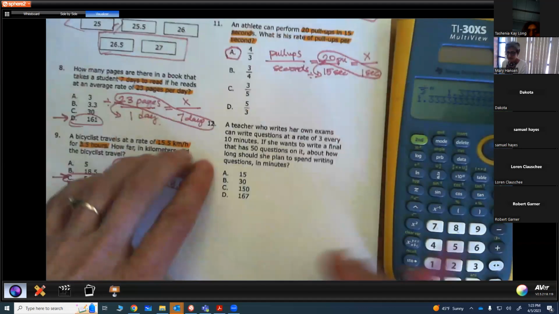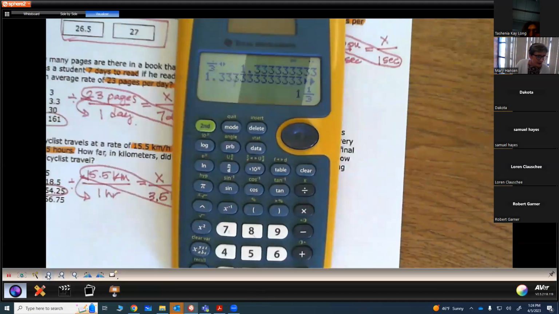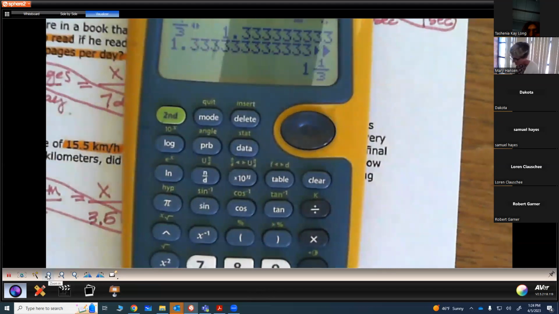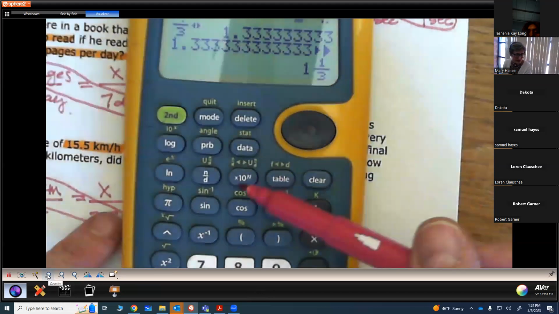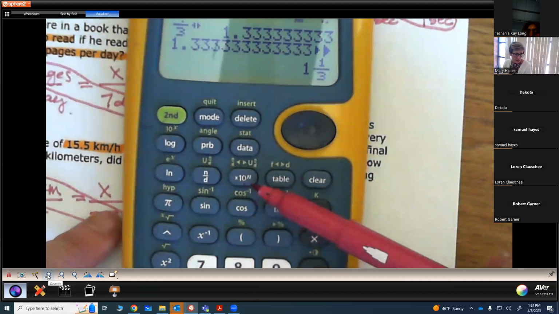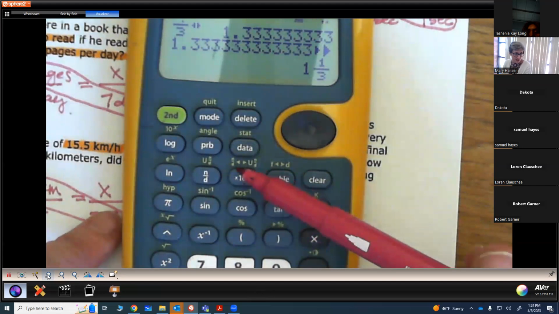How did you do the mixed number? Okay. Let me move in to show you so you can see the key better. Do you see this key that says X and 10 to the N? It has N/D, which is a fraction, double arrow, U N/D.